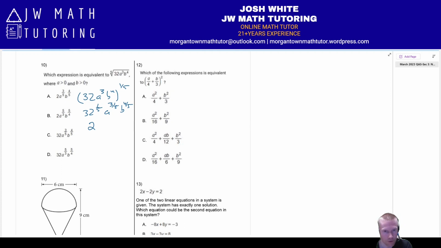So there's 5 total 2's. So the 5th root of 32 just simplifies to 2. And then for the a and the b variables, here we just multiply: a to the 3rd, 3 times 1/5, 3/5. 4 times 1/5, 4/5. So the correct answer for this one is just going to be letter A.